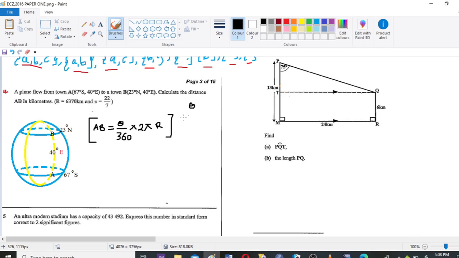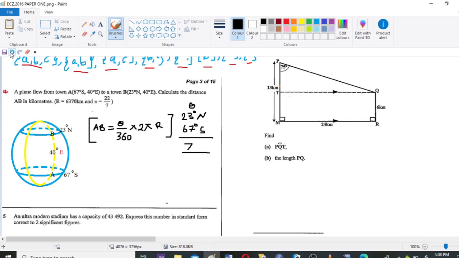We have 23 degrees north and 67 degrees south. So we find the difference, and that will give us 90.